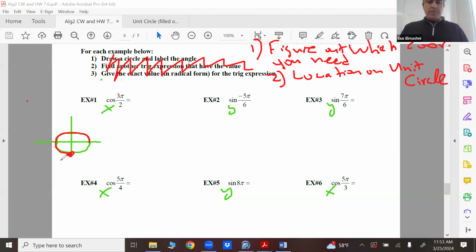So which coordinate are we going to use for this one? X, right? So the answer is 0. That's all. Just 0.